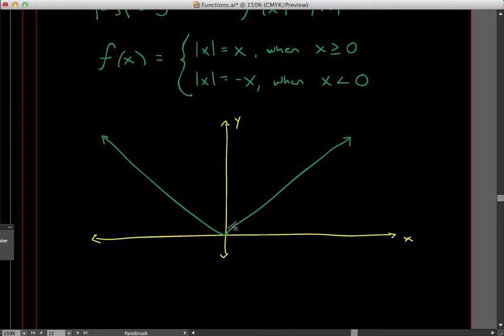So this is actually what the graph of f of x equals absolute value of x looks like. It is V-shaped. It has a single point, which is its minimum value, located right here at the vertex. So we can call this point the vertex point. And it is symmetrical about an axis. In this case, it is symmetrical about the y-axis.